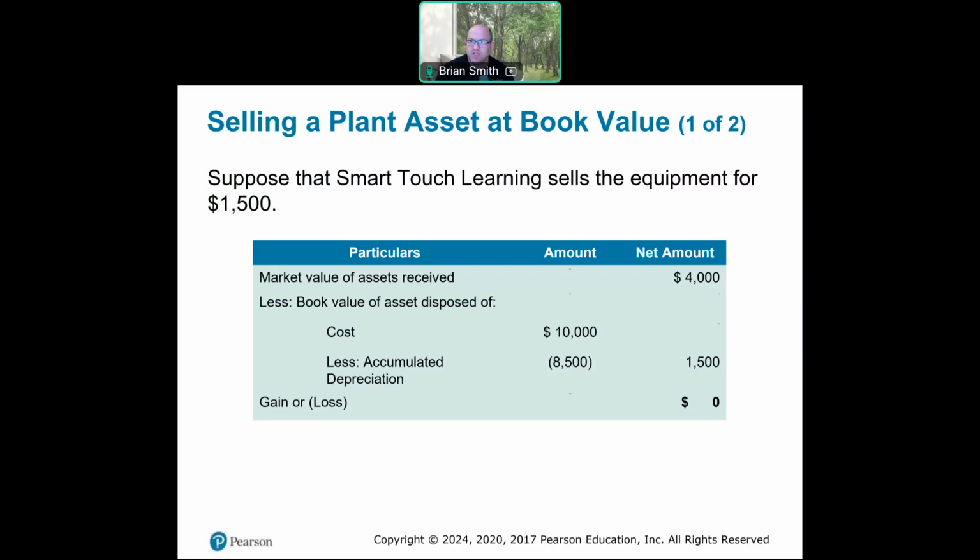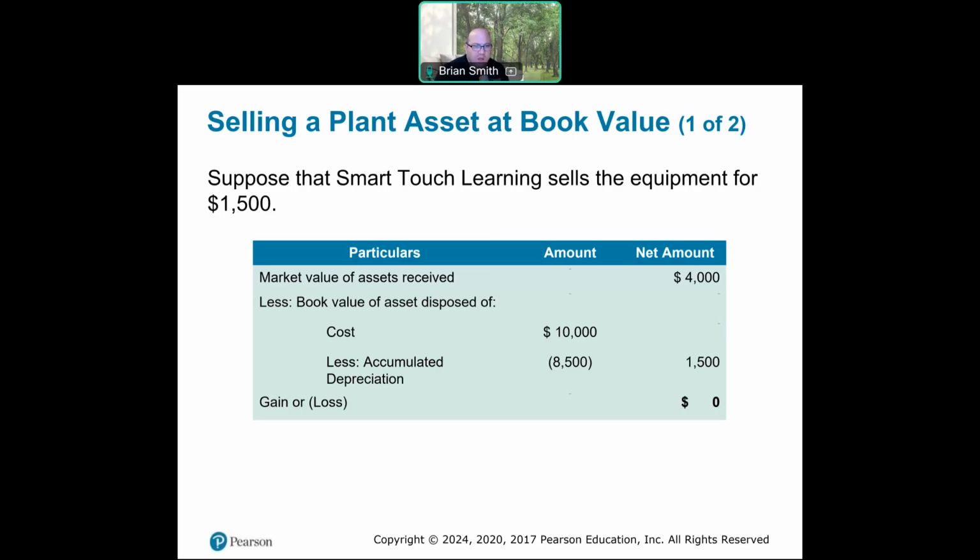Suppose that Smart Touch Learning sells the equipment for $1,500, and then it says market value of assets received is $4,000. Oh, the market value of assets received should have been $1,500. That's a typo on Pearson's part. That should be $1,500, so that is the market value of what we're receiving.